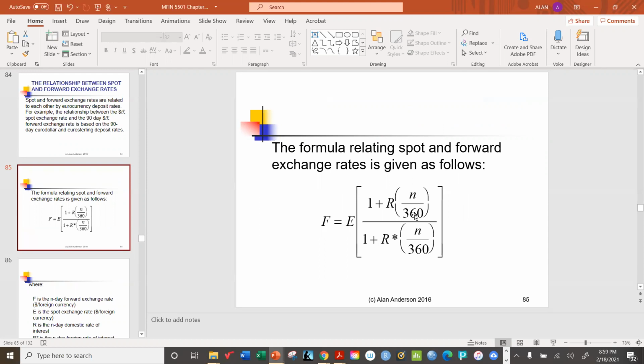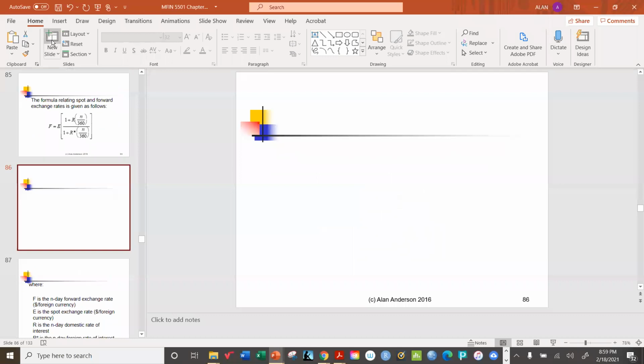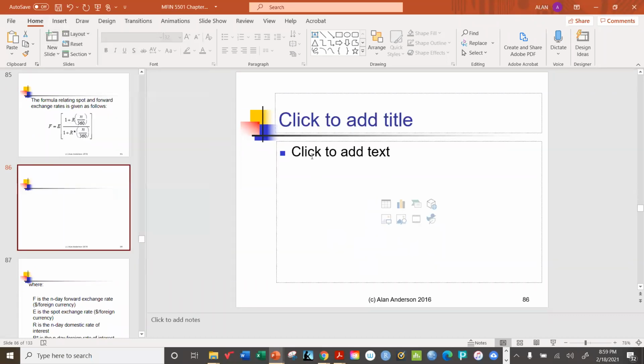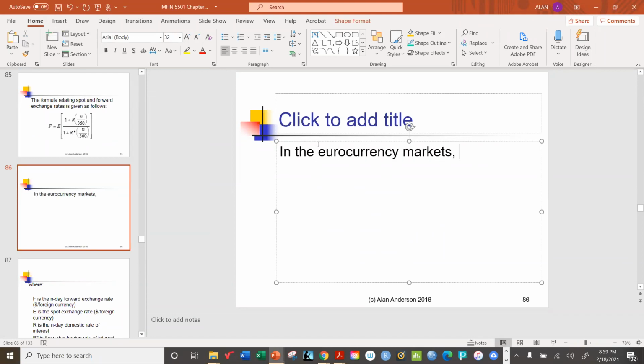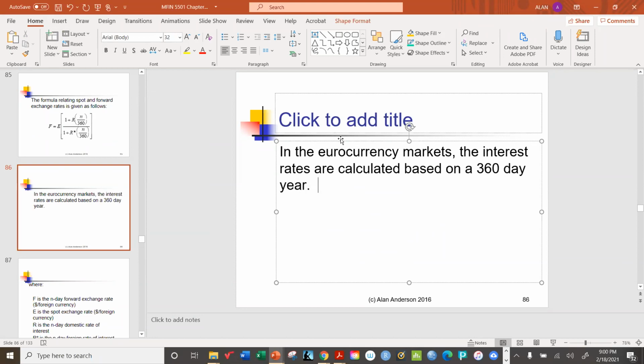Previously, the reason we have 360 in there is because, in the euro currency markets, and they may decide to keep this, the interest rates are calculated based on a 360-day year. So this means that a month is treated as 30 days.